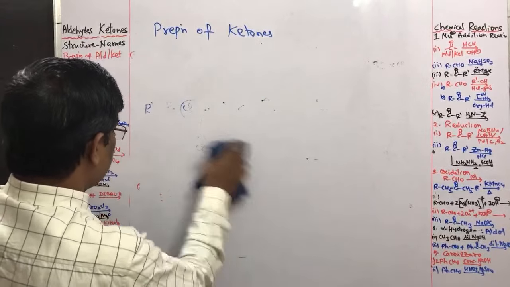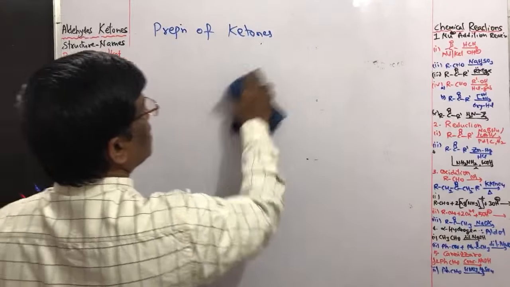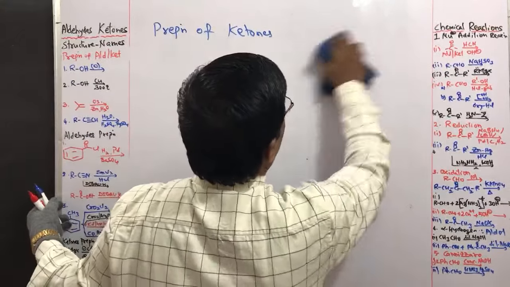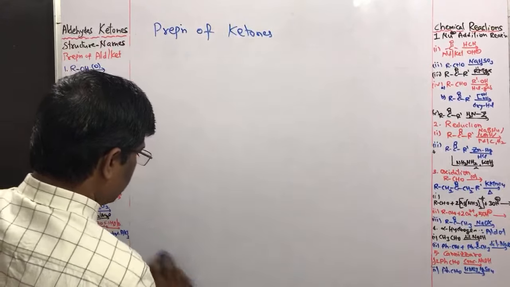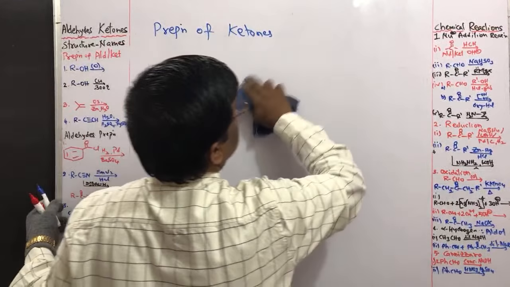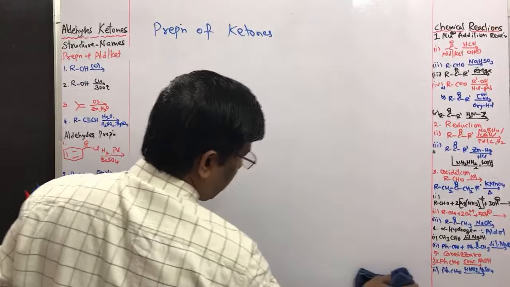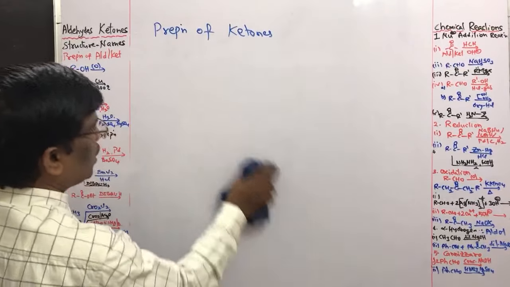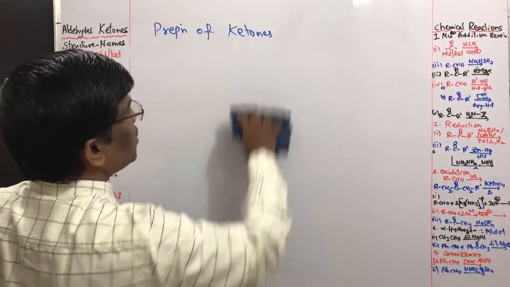Yes, students. What are the reagents we use for the acylation? What is this reaction? Aromatic electrophilic substitution reaction, right? So in Friedel-Crafts acylation, an acyl carbocation is going to be substituted on the benzene ring.